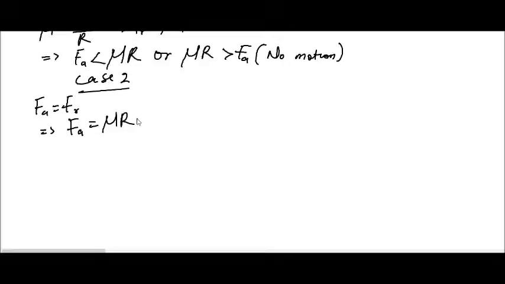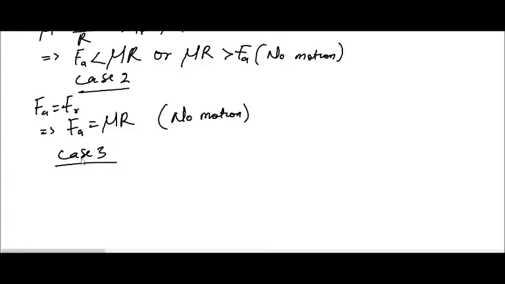Of course there won't be motion, until the applied force is greater than frictional force. So in this case too, no motion. So that is case 2. Don't forget mu R here is the frictional force, but case 2 is talking about if the applied force is equal to it.